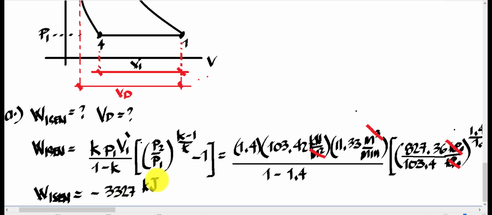So this will become now your kilojoule per minute, or let's say that will be equivalent to the conversion, negative 55.45 kilowatts. Okay, so we have now the isentropic work.